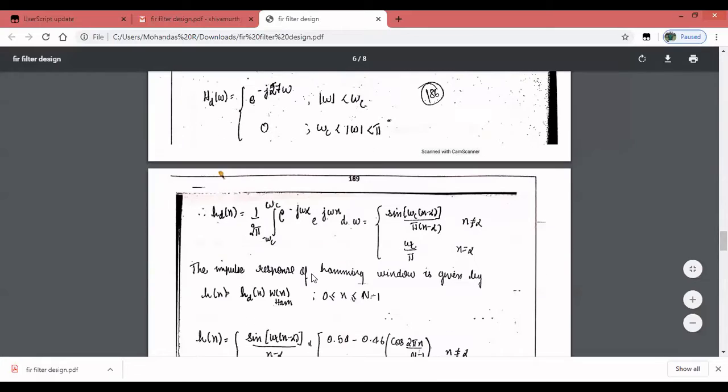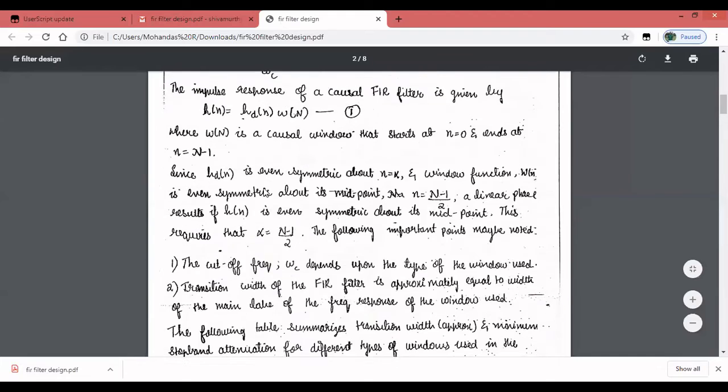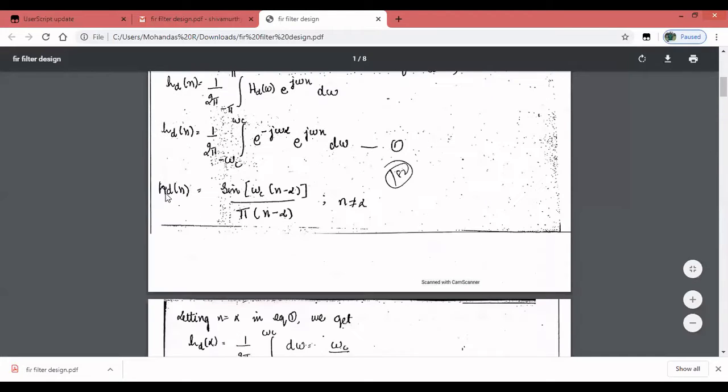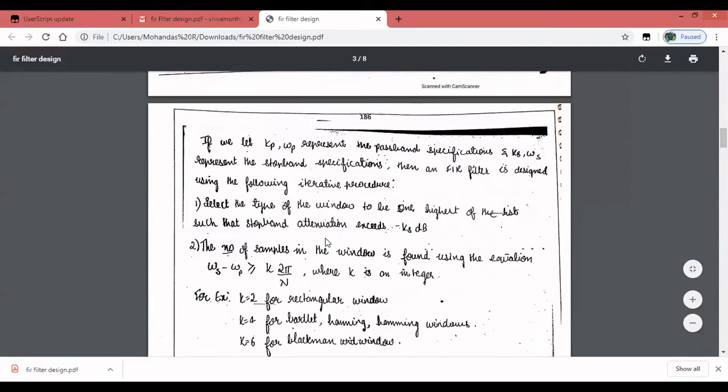So there is no need to explain all these things in the numerical. When we start with the numerical, I can come directly to the expression that is sine of omega c into (n minus alpha) divided by pi into (n minus alpha), which we have derived here. This is the hd of n expression which I am considering in my numerical.